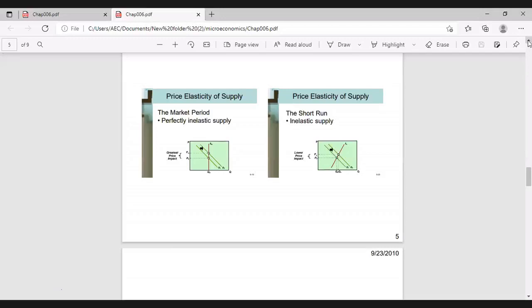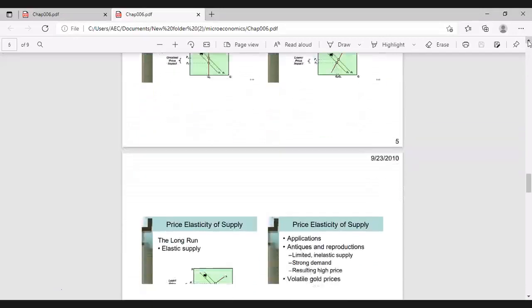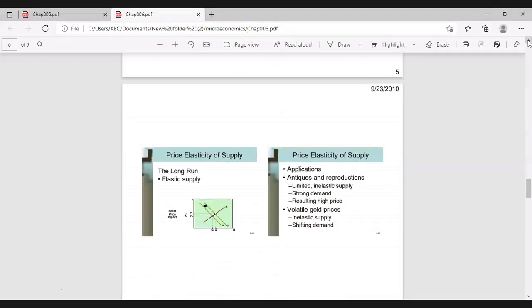In the short run, supply is inelastic because the response to the price is less. For the same price change there is some response in quantity supplied, but a small one. In the long run, for the same price change, they want to produce more and bring more product to the market.